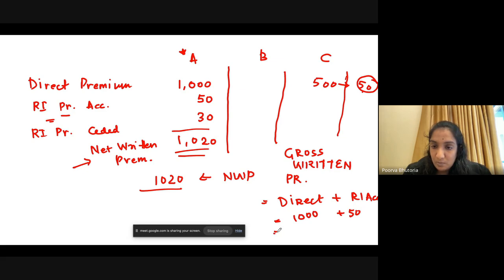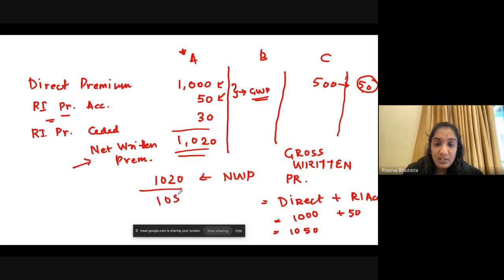So that's 1050. 1000 is our direct premium, 50 is our RI acceptance. Together, these two make up the gross written premium. That is, in totality, we have written a premium of 1050. What is the difference between gross and net? It is always the RI that we have ceded. So gross, we have written 1050, and net, it's 1020 on our books.